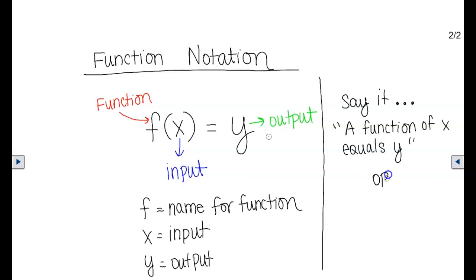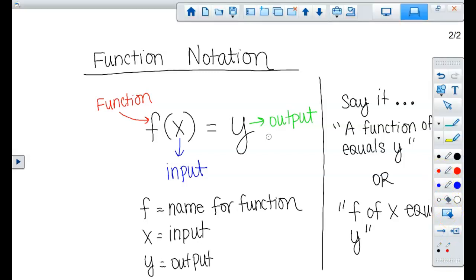Or, and this is the shorter way, you can just say f of x equals y. So we can shorten up a function of and just say f of x equals y. So those are the two ways that we could read that.